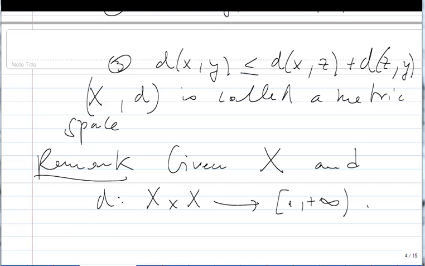So let me give an example now, a beautiful example that shows also that you may have more than one distance defined on a metric space. For example, let (X, d) be a metric space. So d, in this case, is a distance defined on X, okay?